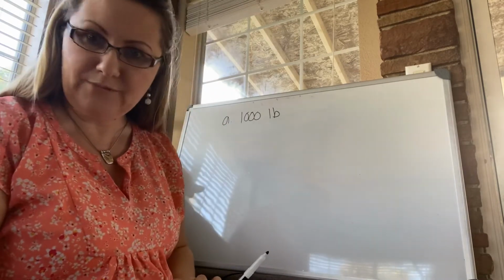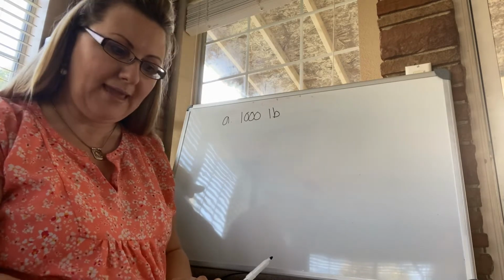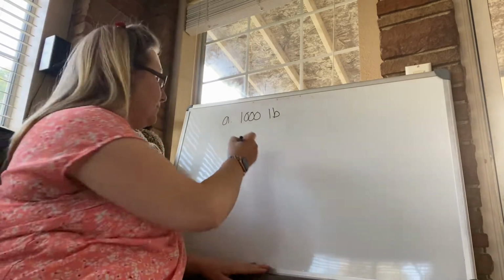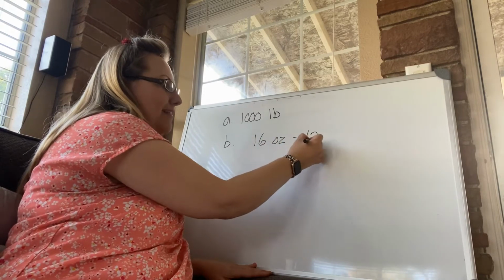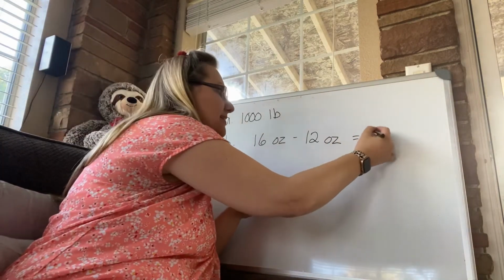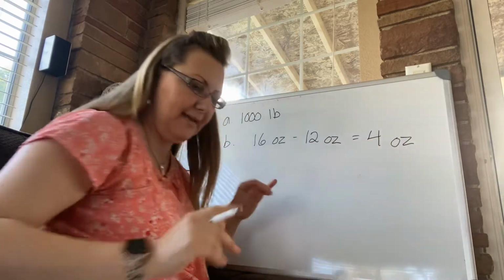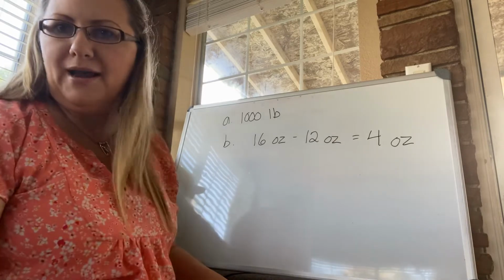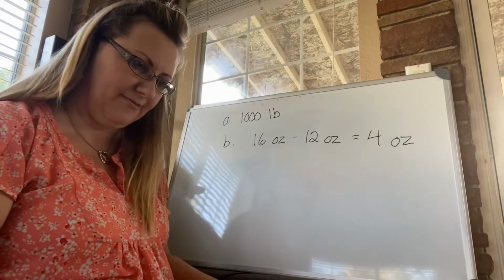So for a baby that was 7 pounds, 12 ounces, to make that 8th pound, we need 16 ounces for B. 16 ounces minus 12 ounces to give us that last pound that we need, obviously, is 4 ounces, right? 4 oz, we say. So about 4 ounces more would have made that baby 8 pounds.